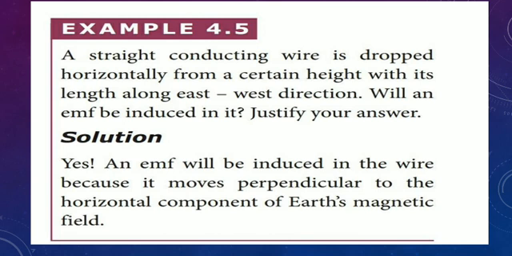Therefore EMF is definitely induced, because when it moves from east to west direction, the magnetic flux changes, because the earth's magnetic field is present. That's why the induced EMF is produced.